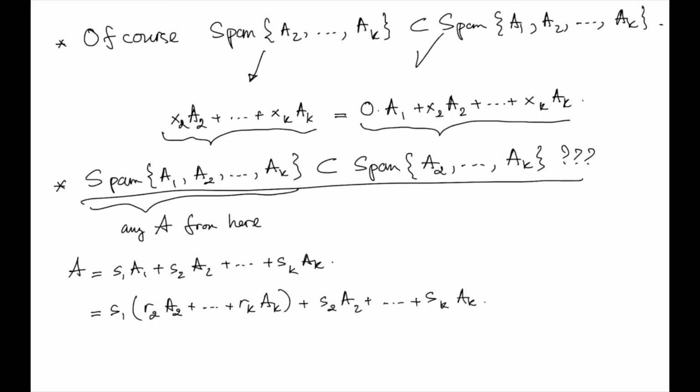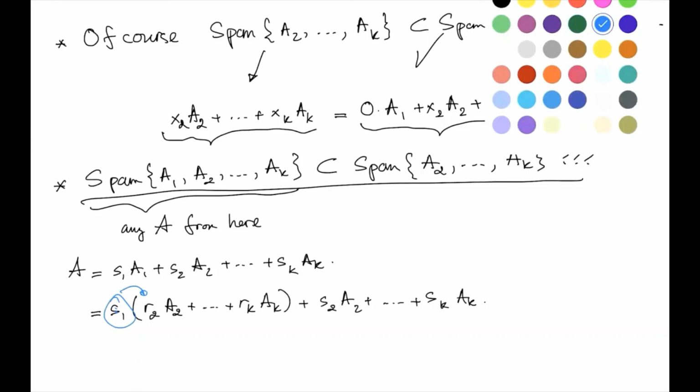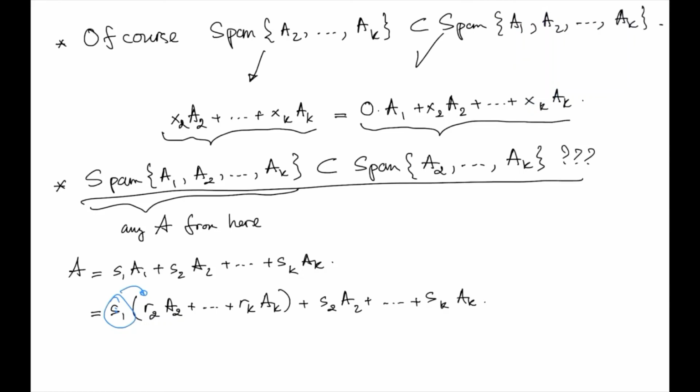And then you just distribute this S1 into the sum. You can do that because it's a vector subspace already. So we are going to pair this one with this one because they are multiplying with the same A2, and you are going to pair the last with the last.